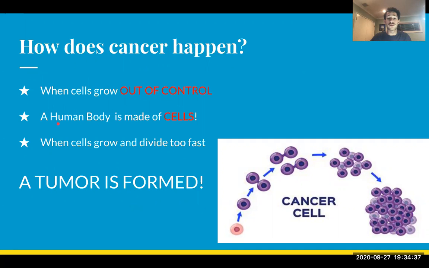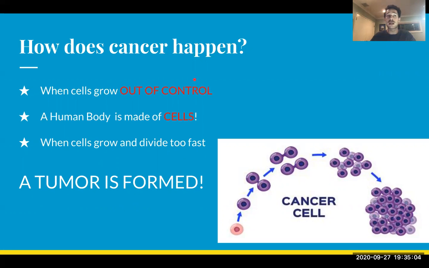The human body, we know, is made out of cells, which are like the little Lego pieces that make up our body. Everything in our body is made of cells. And these cells have instruction manuals, like when you open a Lego set, there's a set of instructions that you read in order to make, let's say, a Lego spaceship. Cancer happens when those cells don't follow their directions.